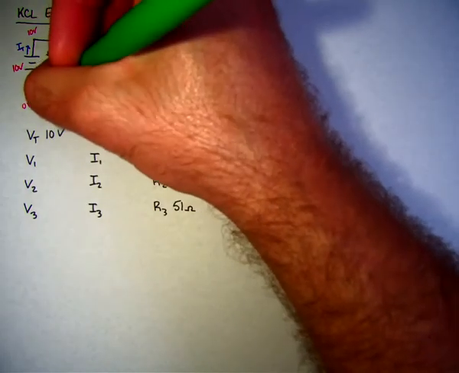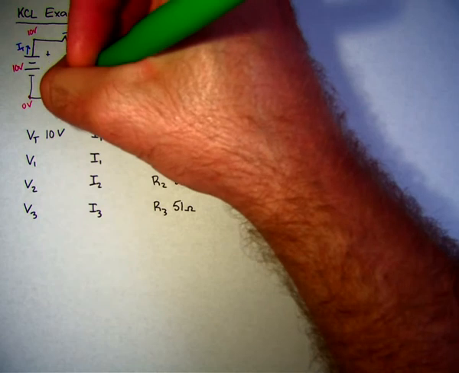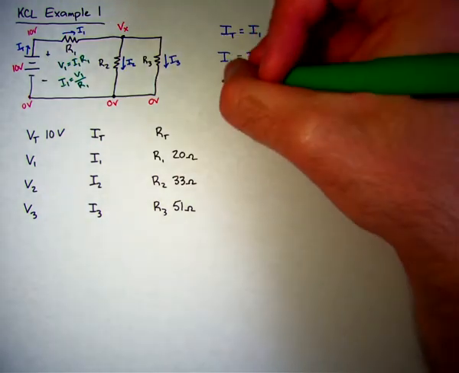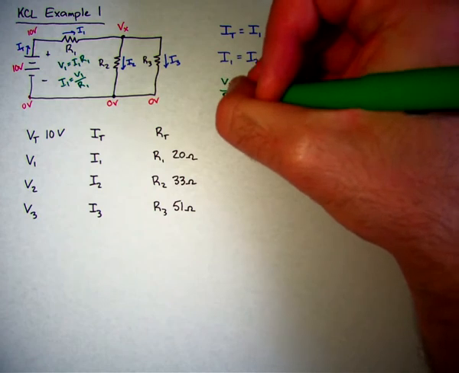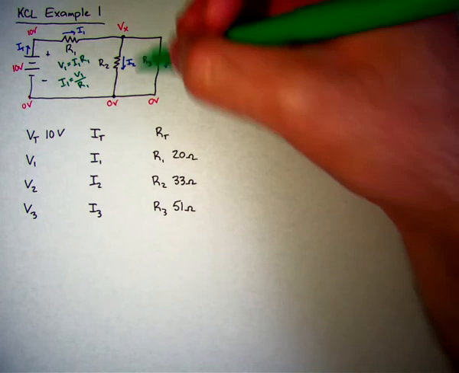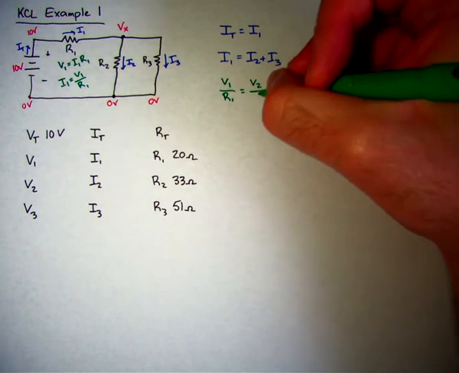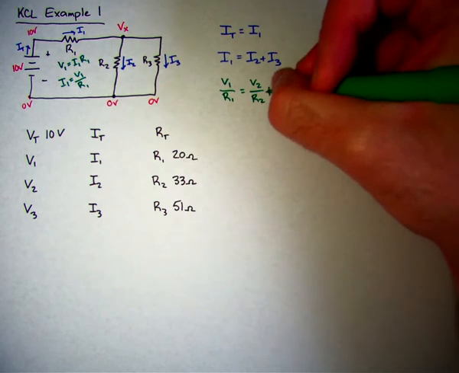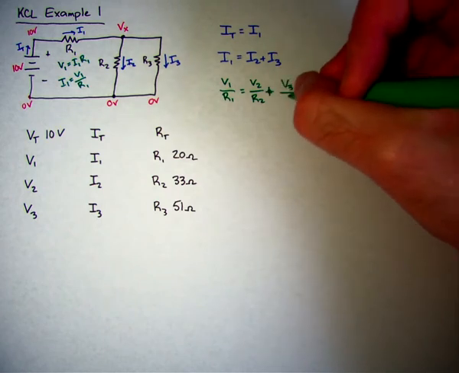So I have I1 equals V1 over R1. So I'm just going to plug that in. So I know V1 over R1 is the same as current I1. I2 is just V2 over R2. I3 is V3 over R3.